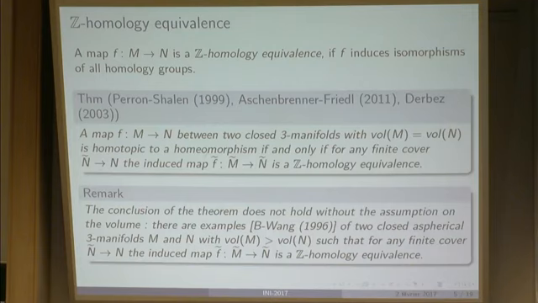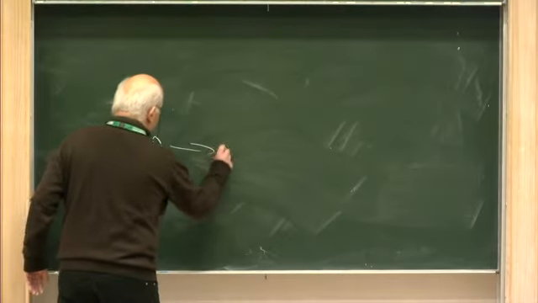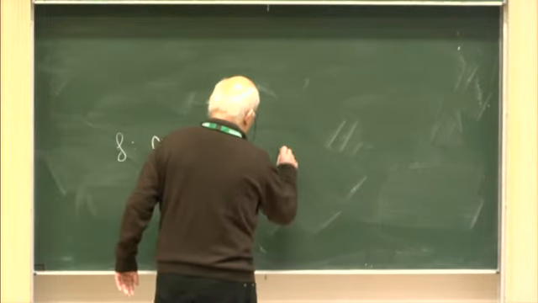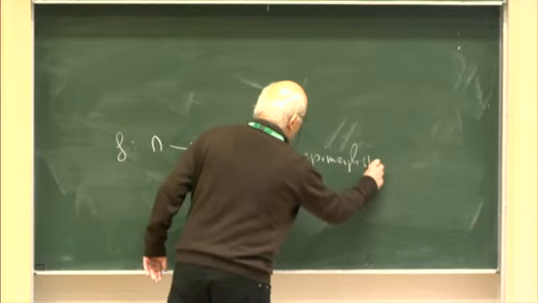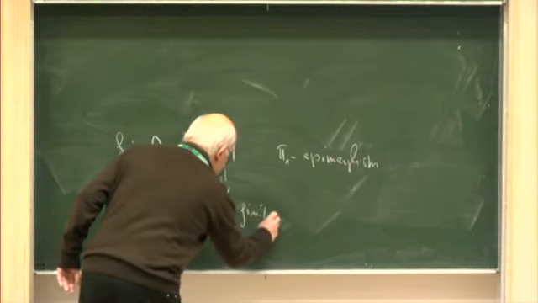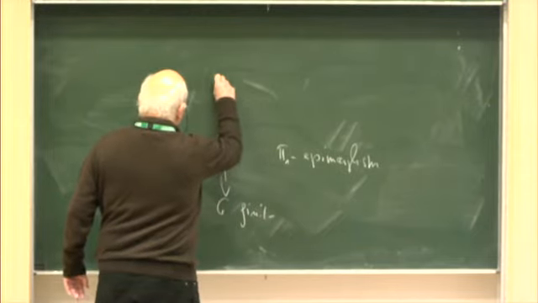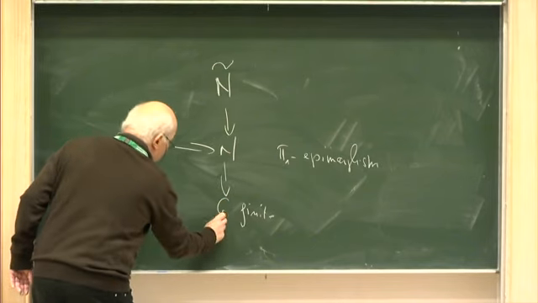It tells us that if you take a map F from M to N, which is a π1 epimorphism, and you have a finite group and you take the finite covering, then the map also surjects onto this finite group.